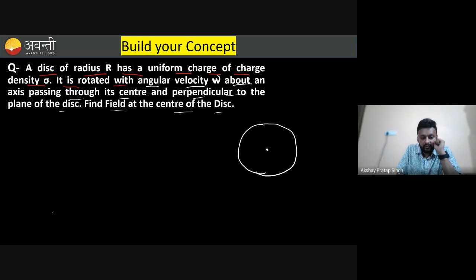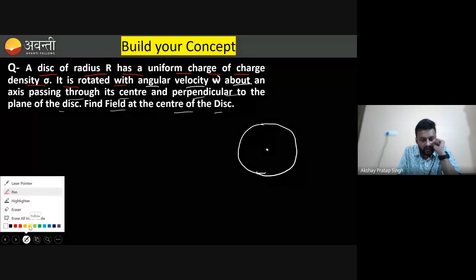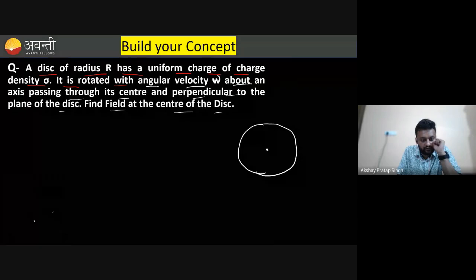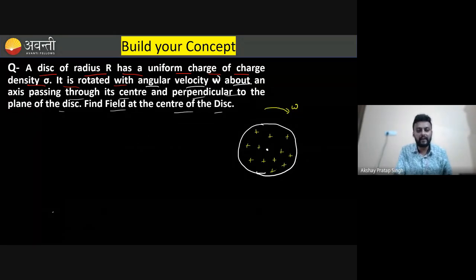Now this ring has some charge which is uniformly distributed like this. And this disk is rotated with some angular velocity omega. You have to calculate the magnetic field.